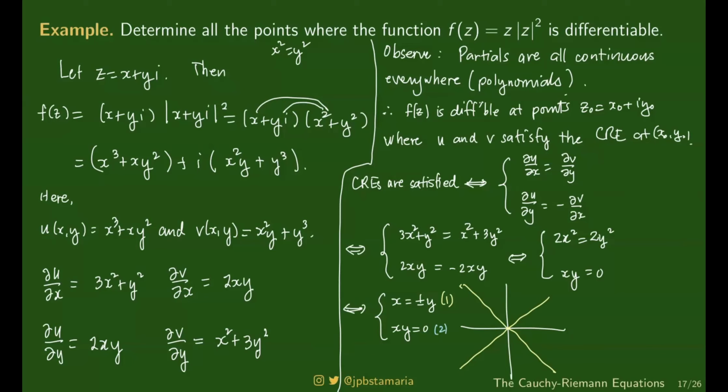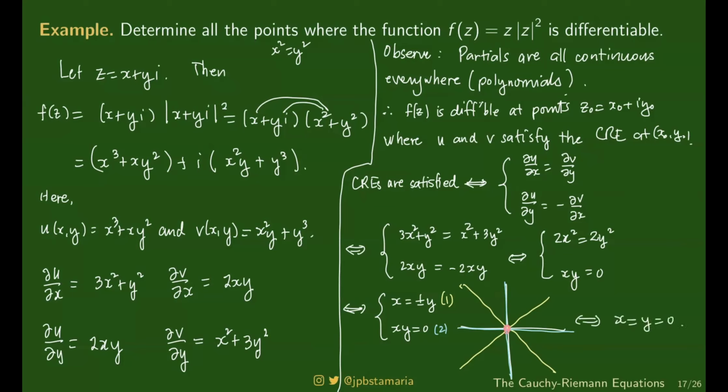X is 0 or y is 0. Ang tanong, saan nag-intersect yung dalawang pairs of equations na yan? Saan nag-intersect? Very good. At the origin. Dito lang nag-intersect. Therefore, magkakatotoo lang yan if and only if x and y are both 0.